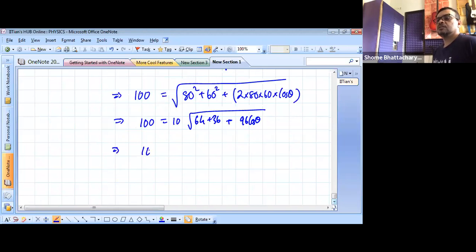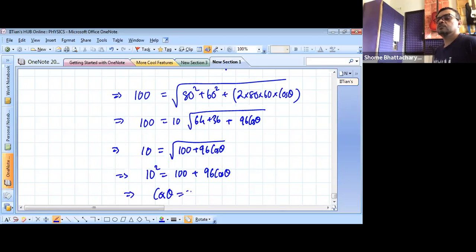So 10 is equal to square root of 100 plus 96 cos theta. 10 square is equal to 100. So you get cos theta equal to 0, which means theta is equal to 90 degrees.